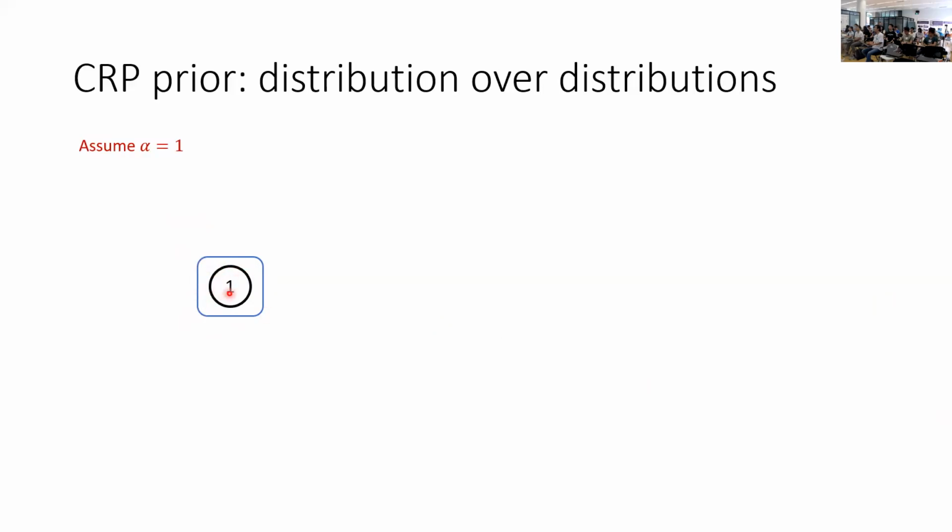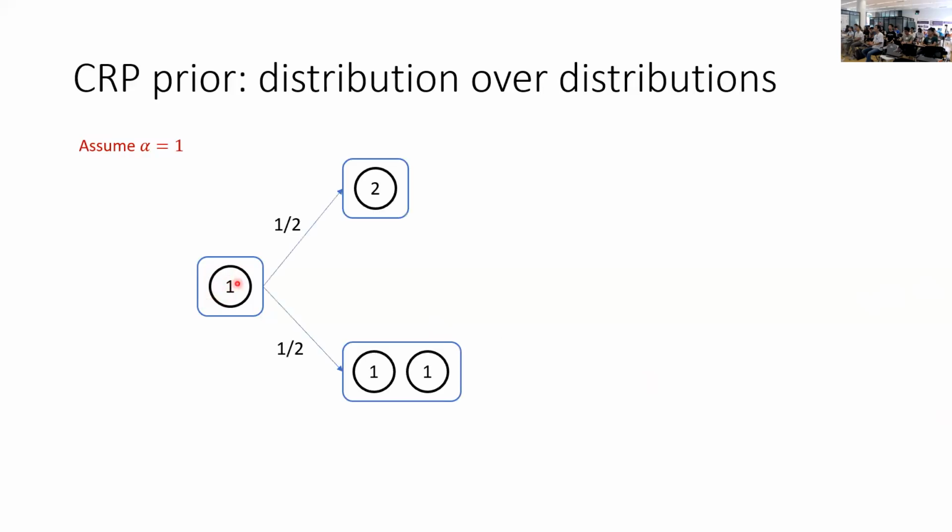So there's one table with one customer. Then comes the second customer. There are two possibilities, either the existing table, table 1, or a new table. And as our equations imply, this would be 1/2 and 1/2 probability, right?